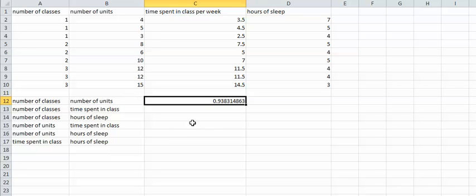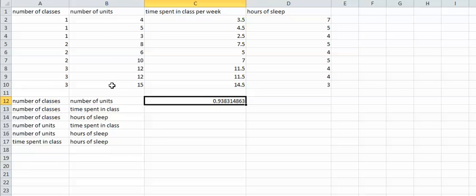Remember that the correlation coefficient goes from -1 to +1. -1 is a perfect negative correlation, +1 is a perfect positive. So this is pretty close to a perfect positive, which means it's a really strong positive correlation, which makes sense because when the number of classes goes up, the number of units always goes up along with it.